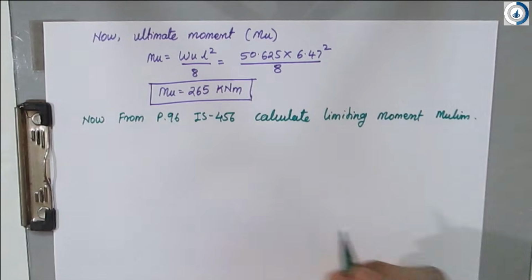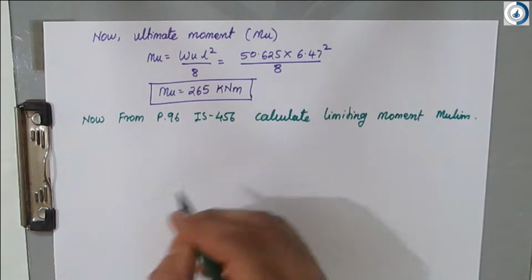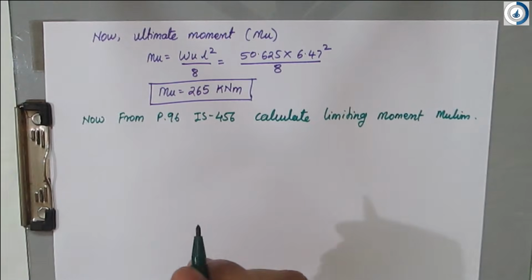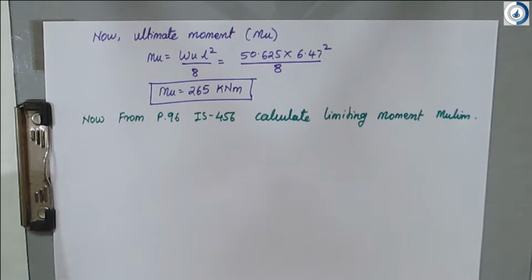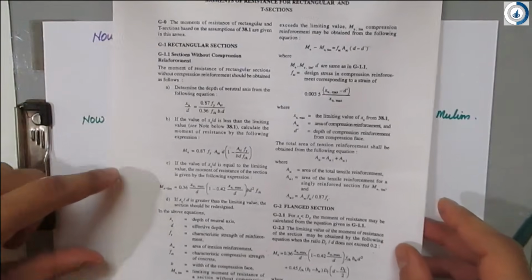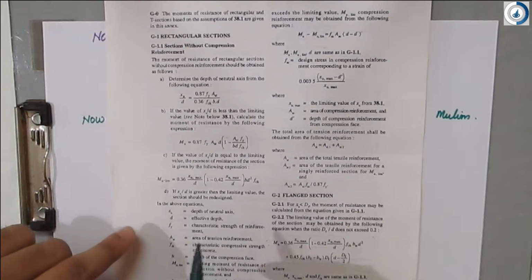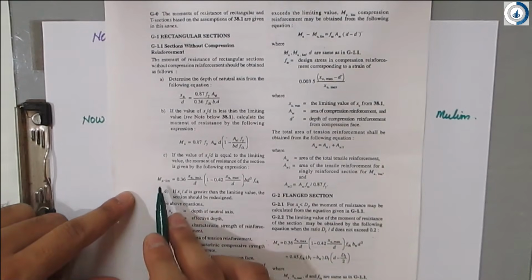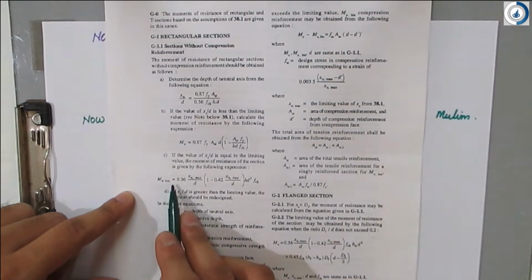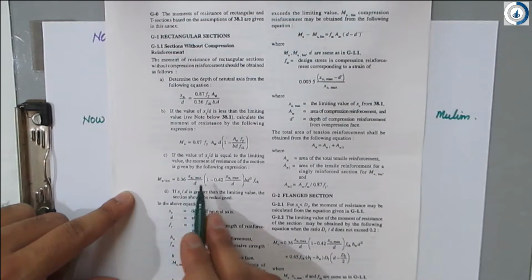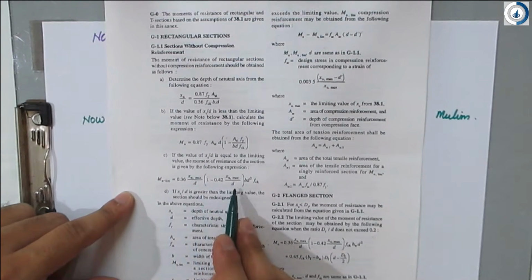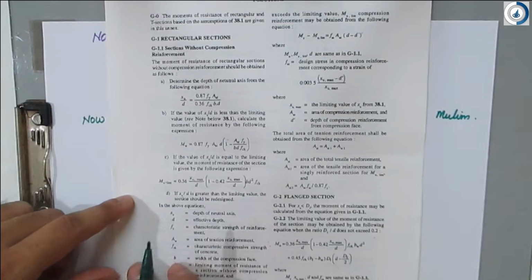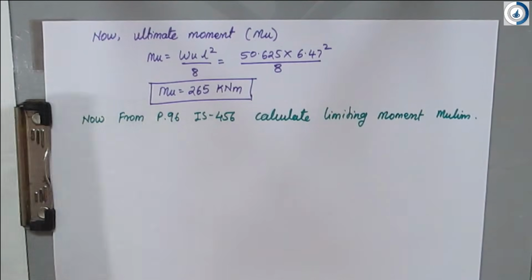So you have to calculate how much the limiting moment of this particular beam with this cross section will work out to be. So for that you have to go to page number 96. So this is page number 96 of IS 456 2000. There we have to go for the Mu limit expression, and it says 0.36 Xu max by d into 1 minus 0.42 Xu max by d, b d square fck. So this expression you have to write down.